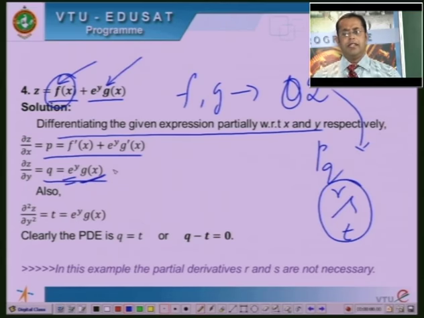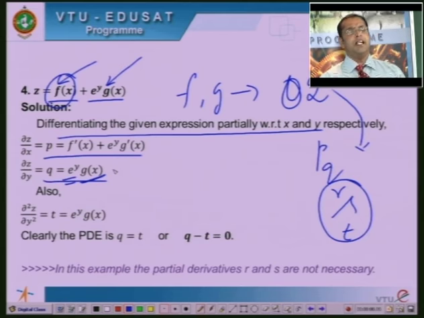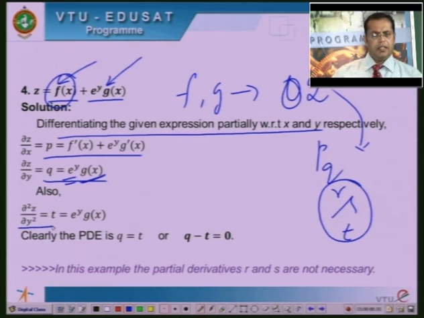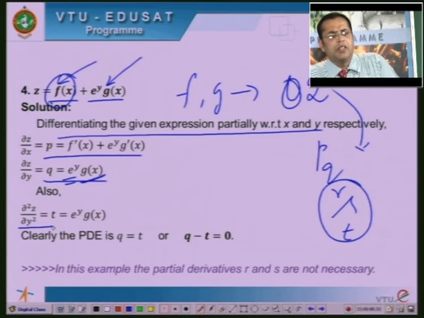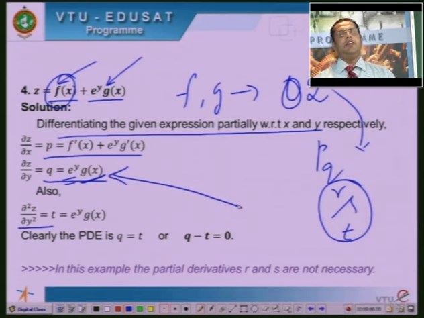Go further. In this example, notice that there is no need to calculate r and s. If you calculate them also, they may not be necessary in the final PDE. So, we go directly to the partial derivative dou square z by dou y square, which is equal to t. And friends, let me remind you, dou square z by dou y square is obtained by differentiating dou z by dou y again with respect to y. So, go to dou z by dou y and differentiate that again with respect to y. You get e power y itself into g of x, which is a function of x, which remains as it is.